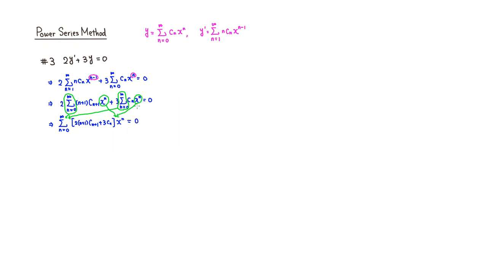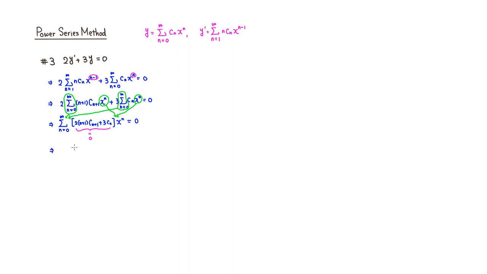In order for this power series to be 0, you have to make sure that each coefficient is equal to 0. So we can set this equal to 0.